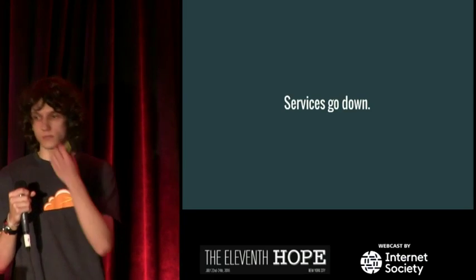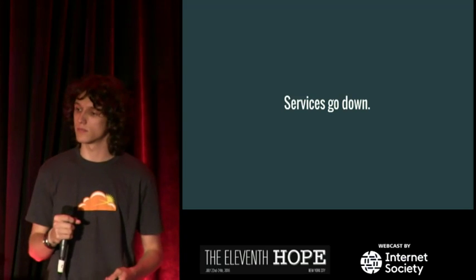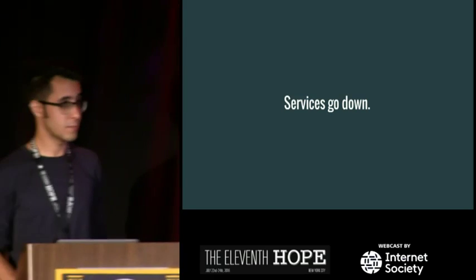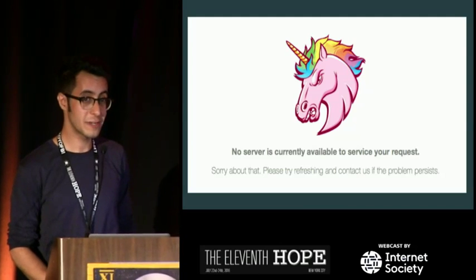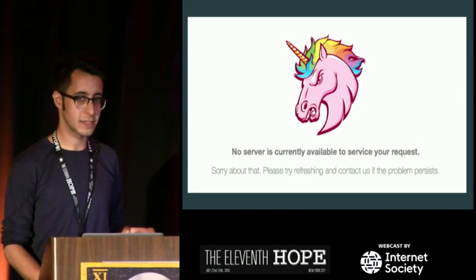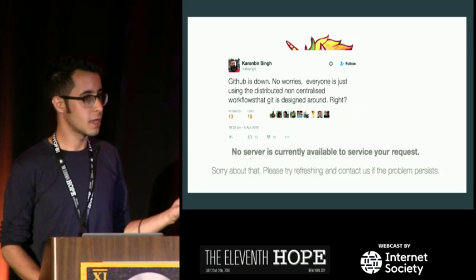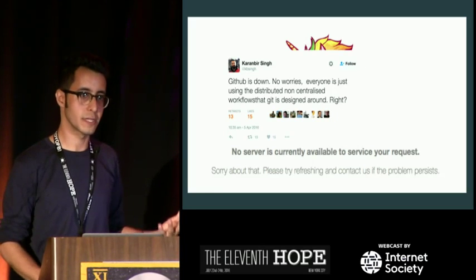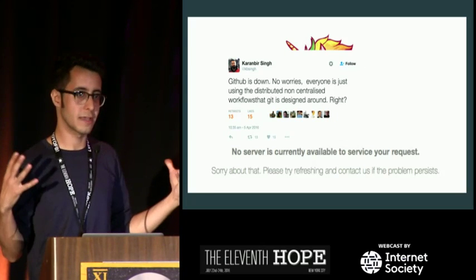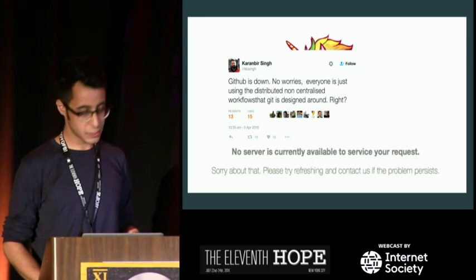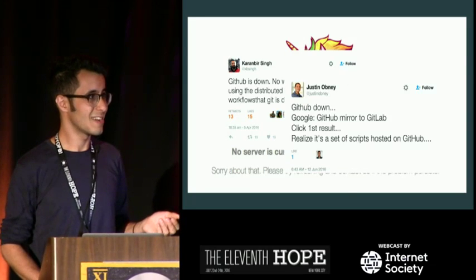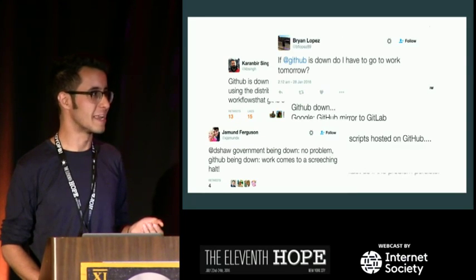Occasionally, in addition to all of that, services go down. We're all familiar with the angry unicorn. Even though Git is distributed by nature, we've come to rely on GitHub's central infrastructure, so that whenever GitHub is down, not much work happens, apparently.